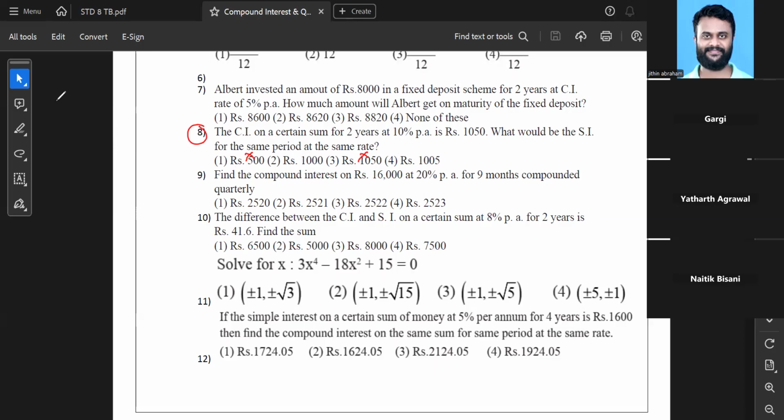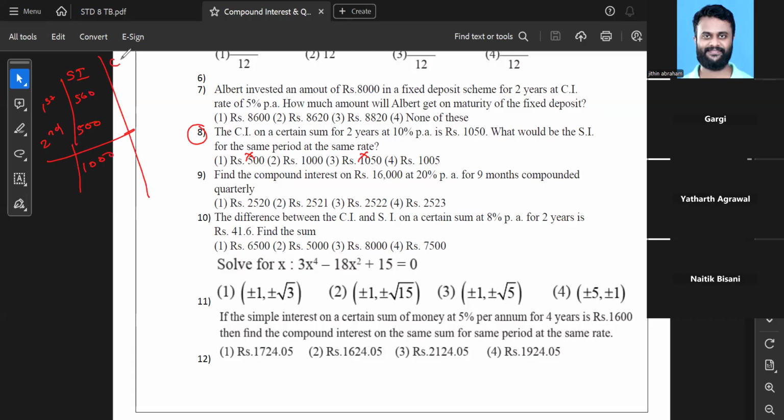So for simple interest, if 1000 is my simple interest, the simple interest for the first year is 500, and for the second year is also 500, which means the total simple interest is 1000.